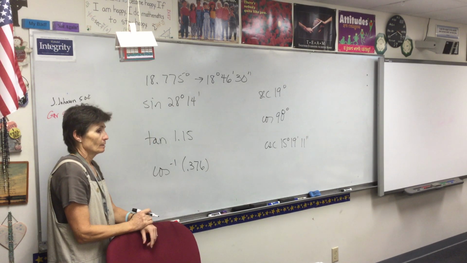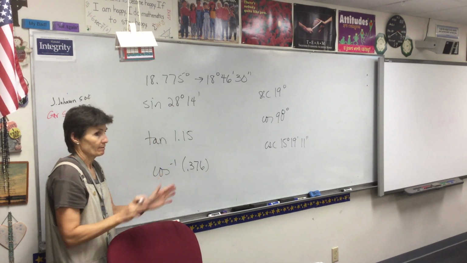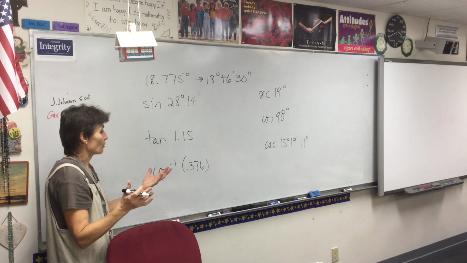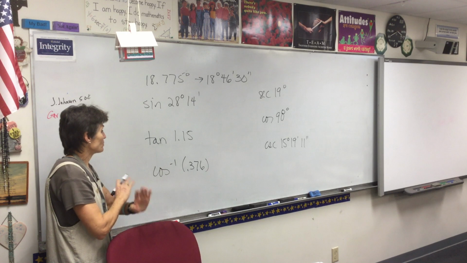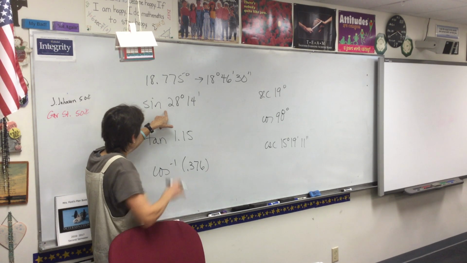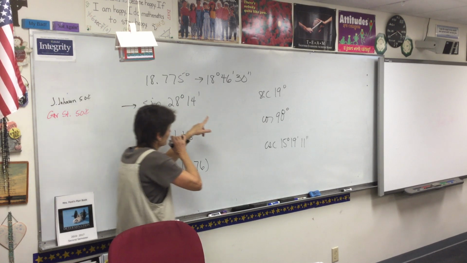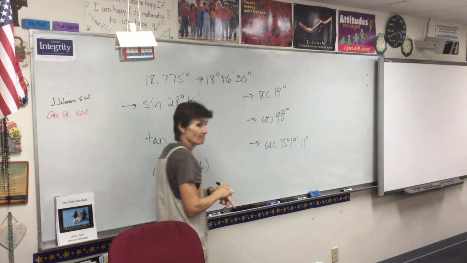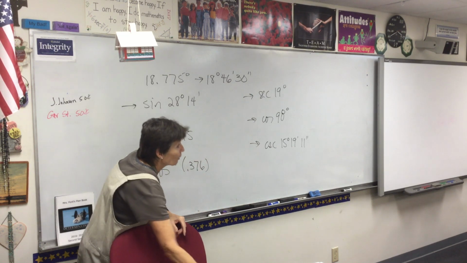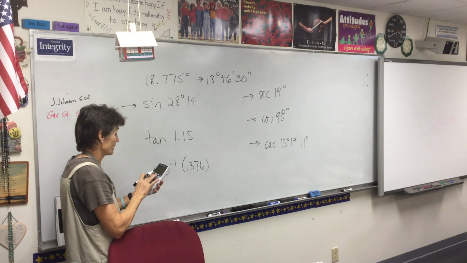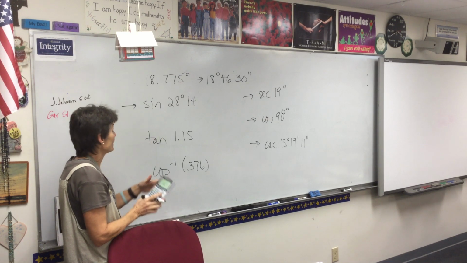Do all of one kind, right? It doesn't really matter what you start with, but do all of one kind. So for example, you notice that this one and all of these have degree symbols in them. So let's go ahead and make sure our calculator's in degrees. And then let's just start typing these in.